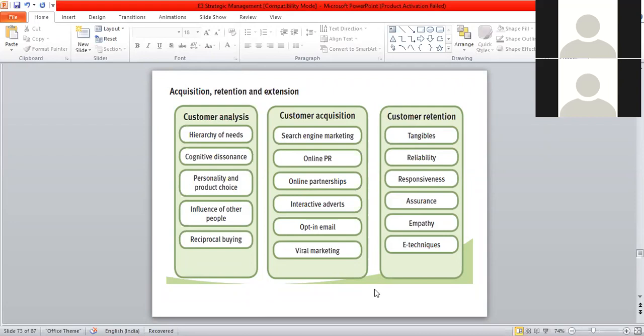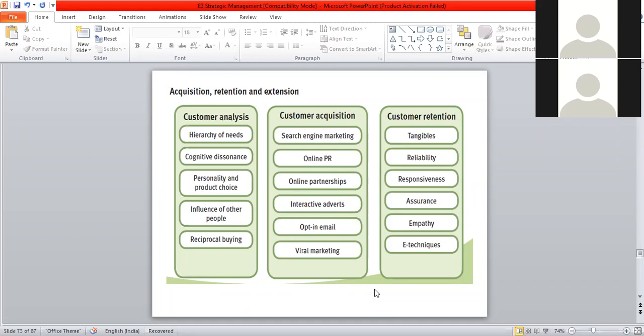The way they attract the public and make them their customers is through search engines, and online PR keeps sending information about the products and services. Then they are connected with the customers through online partnership, and interactive advertisements appearing on the site.